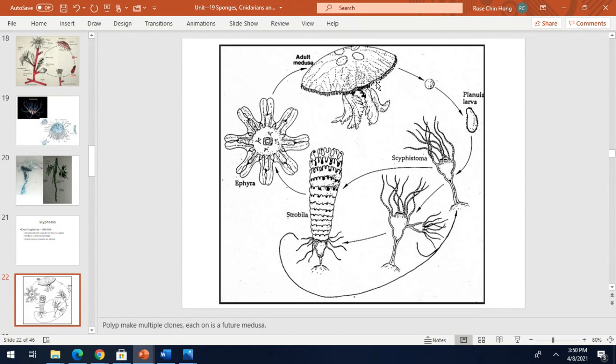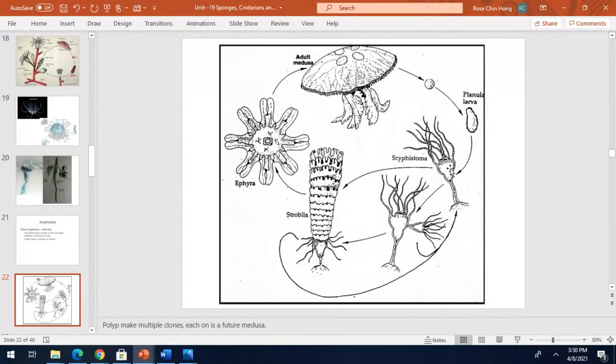And then same thing again, like we saw in Obelia, once the sperm fertilizes the egg and makes a planula larva, it's ciliated, and this is where it will find and implant itself in a substrate that is conducive for it to develop, and then it develops into a scyphistoma.